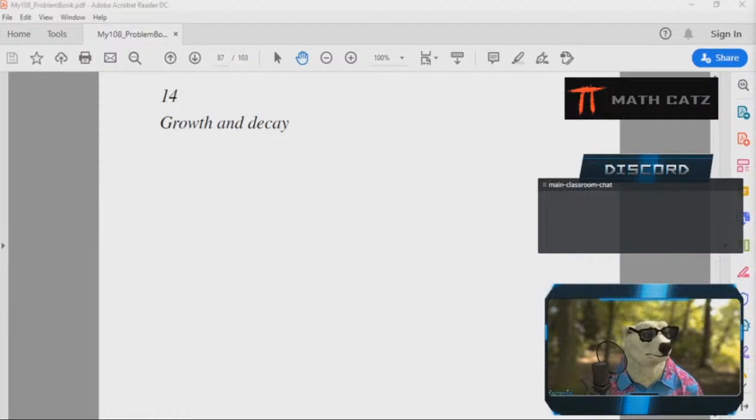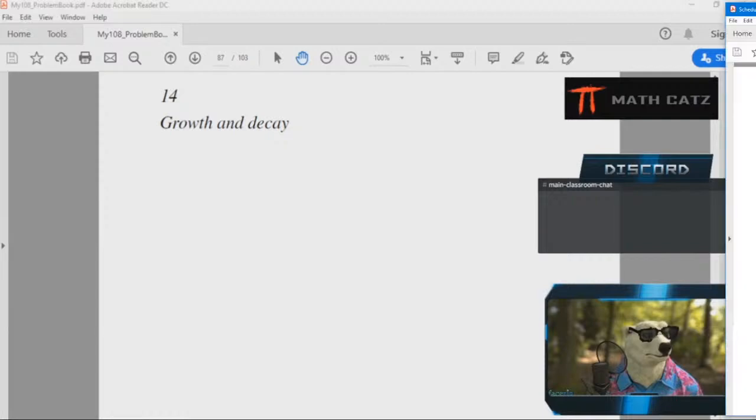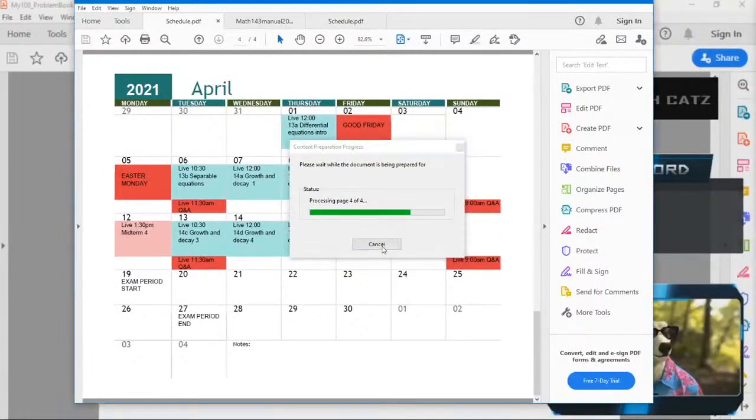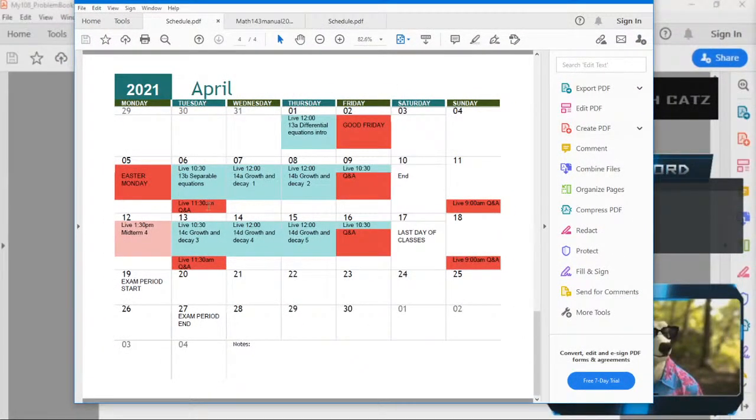Let me just, I think I have our schedule open here somewhere. Yes. We are over here on the 6th. Now, we are going to be able to squeeze in 2 growth and decay problems before the midterm next Monday.